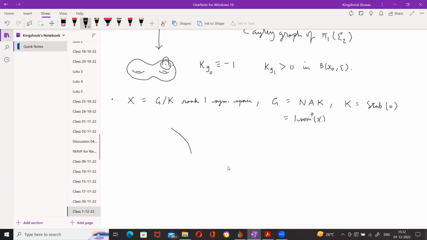Then in this Cartan decomposition, what happens is the A_t orbit of the origin is a geodesic. So this is A_t o, and let's say this is A_{-t} o.